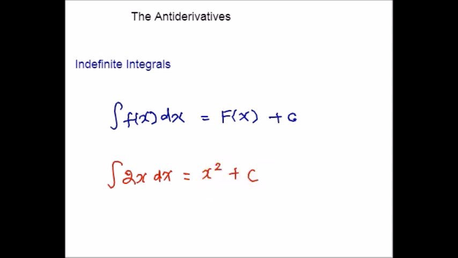You can try to draw a graph of x squared plus c for some values like 2, 1, 0, -1. You can just change the numbers and draw the graphs on the same grid. The collection of all functions of the form x squared plus c for any real number c is known as the family of antiderivatives of 2x. Hope you're clear with the concept so far.